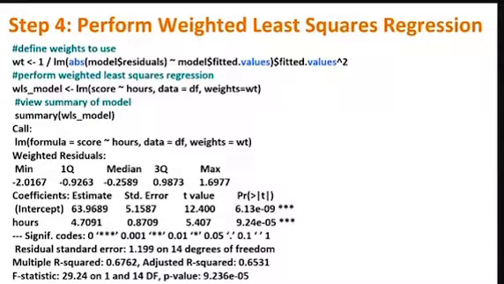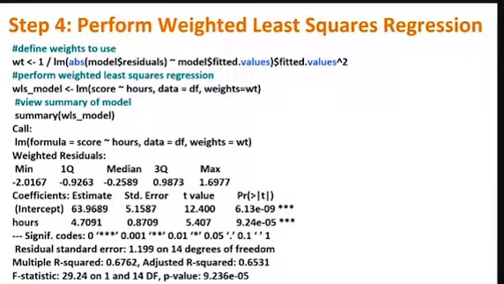There are many ways to do weighted least squares, but look at what I want to do. wt <- 1 / abs(model residuals) or model fitted. Why do I say 1 over? You know the reciprocal, right? I can do 1 over that.